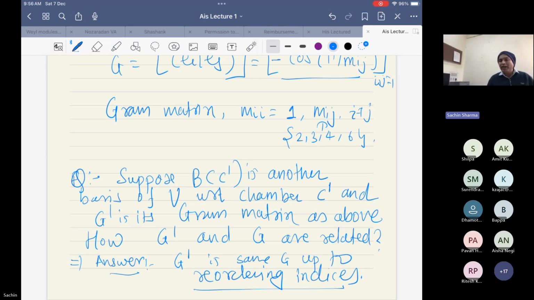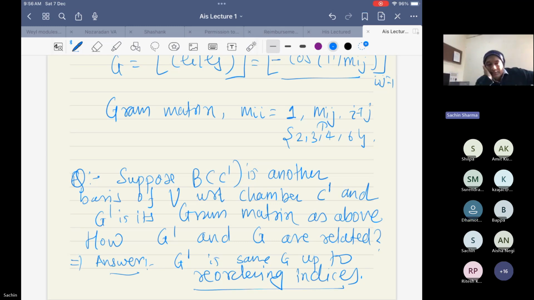Without loss of generality, we can concentrate on B of C, because any other matrix will be a reordering of indices. What does this statement say? What is meant by a reordering of indices? Change basis ordering.